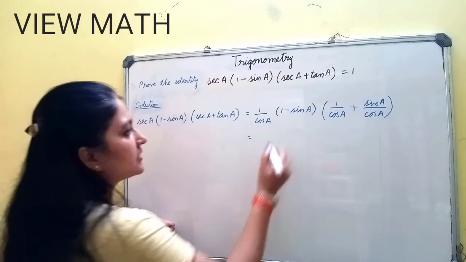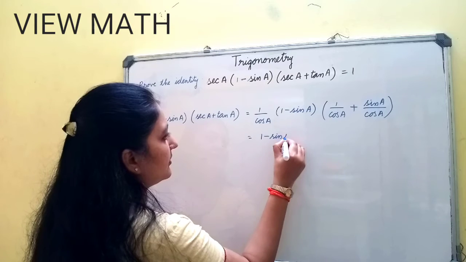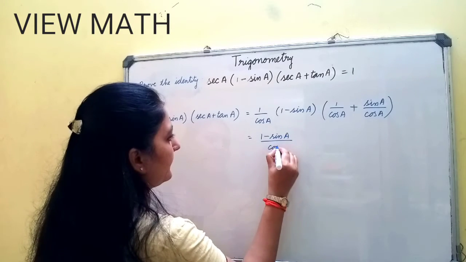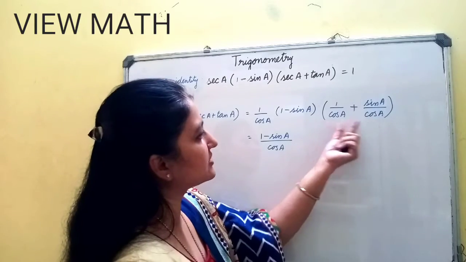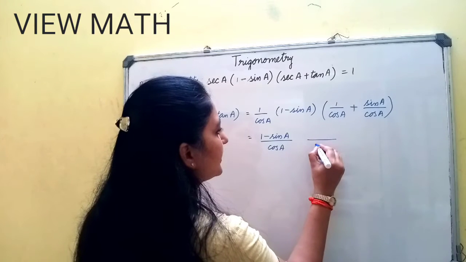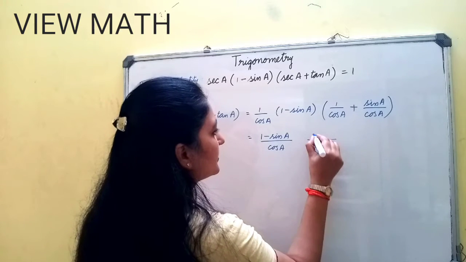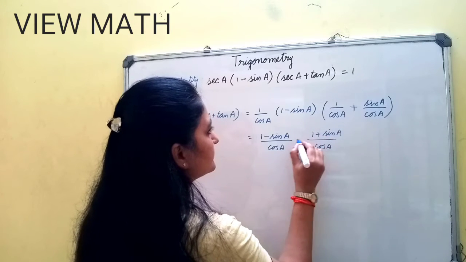Now let me combine these two and write 1 plus sin A by cos A. Okay. Now for this you can see cos A is common. So let me write it together. Cos A, numerator 1 plus sin A. Okay.